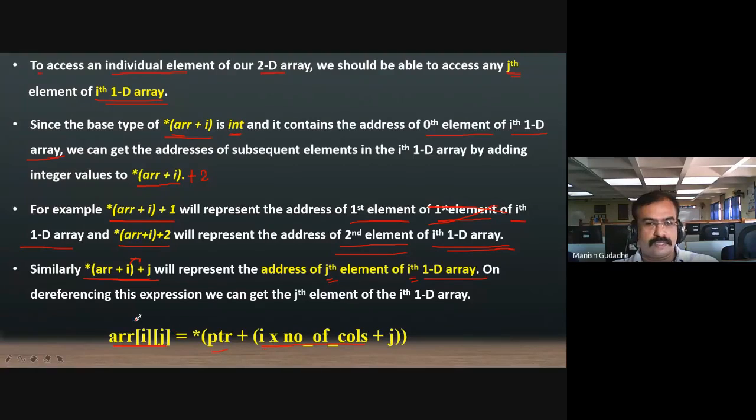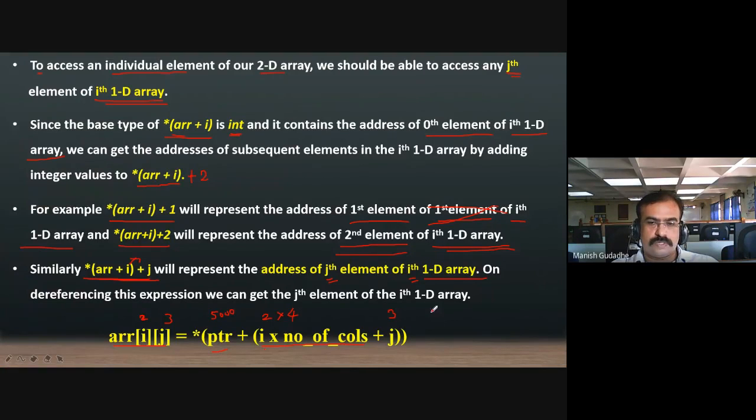So let us take a small example. If I am trying to access the value at 2, 3, in the previous case whatever we have taken, what is the value of PTR? 5,000. What's the value of i? 2. How many columns does it have? It has 4 columns. And what will be the value of j? 3.